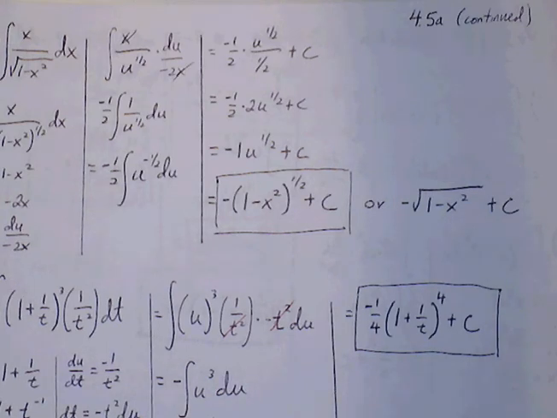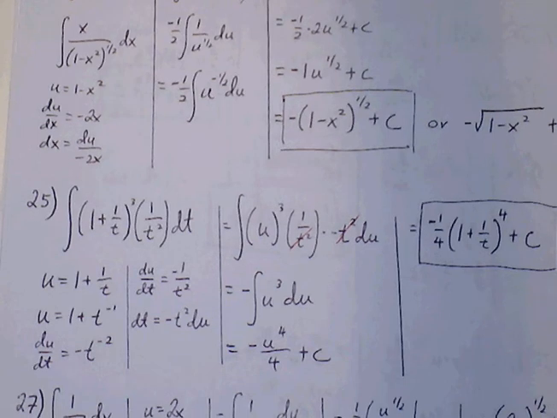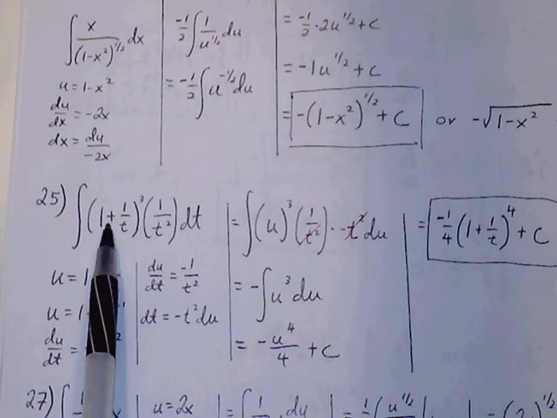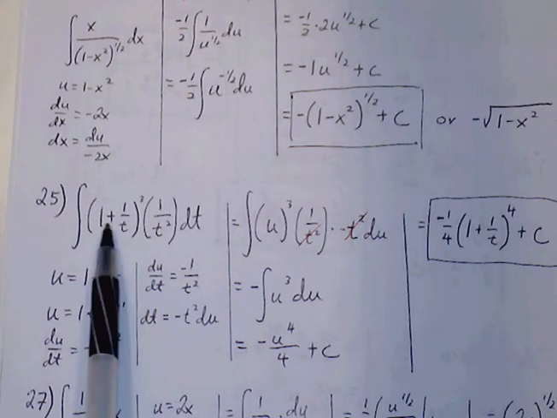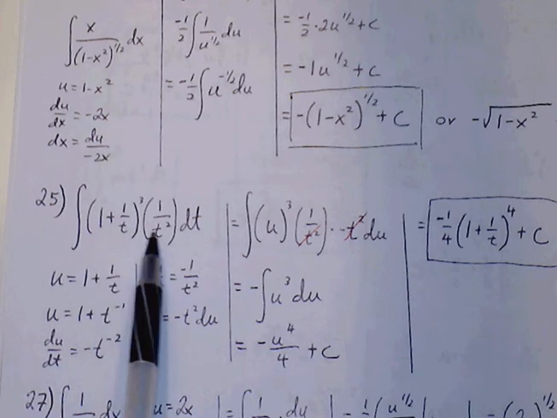Okay, 25. It will take too much to expand because we have a cube outside the parentheses. So we want to identify what u value we can choose.